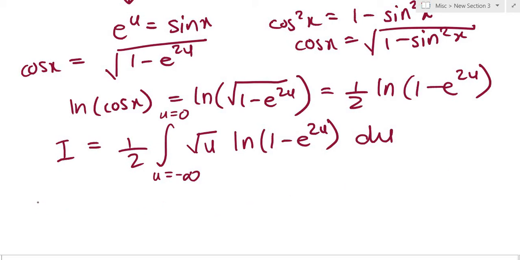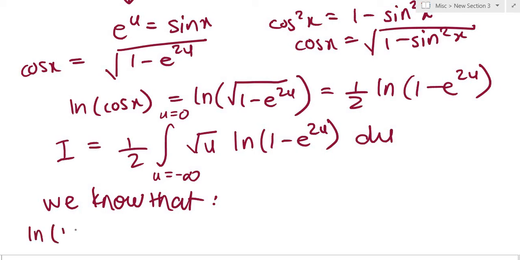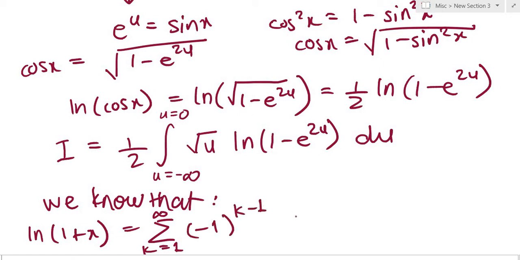So we can just use the Taylor expansion of the natural log, because we know that natural log of 1 plus x is equal to the infinite sum. So sum from 1 to infinity of negative 1 raised to k minus 1 times x raised to k over k.